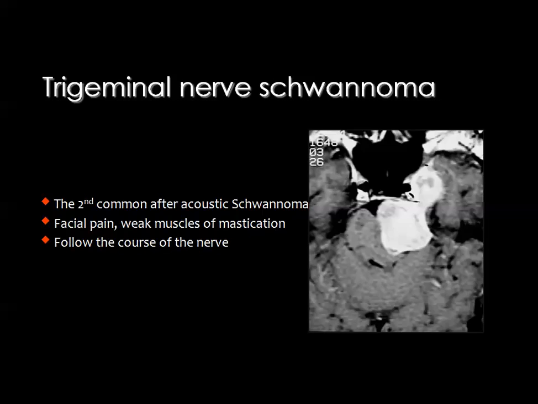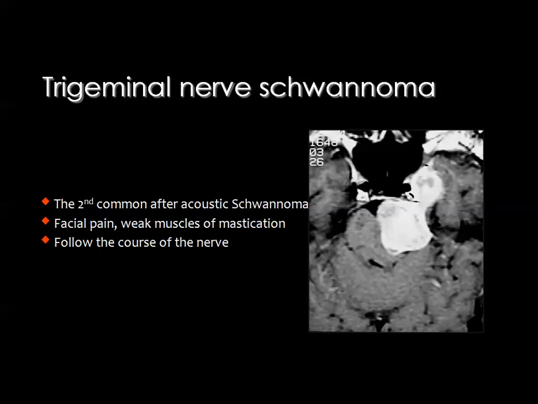You know that the nerve comes out from the brainstem, it goes into the cerebellopontine angle, then exits, then goes through the skull base foramina, reaching the parasellar area, and its destination here is the Gasserian ganglion, which is located in Meckel's cave, which lies posterior to the cavernous sinus.